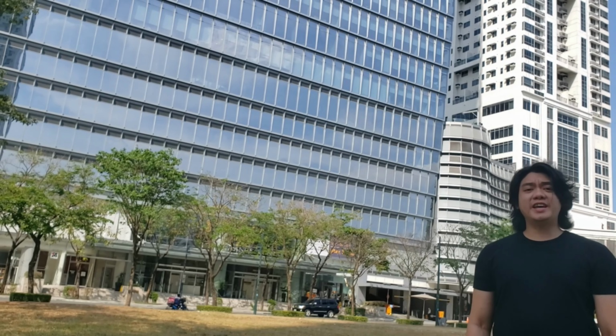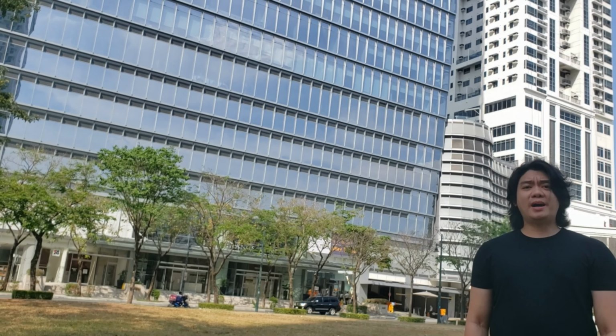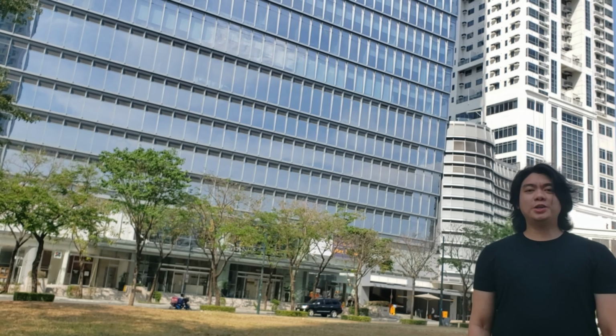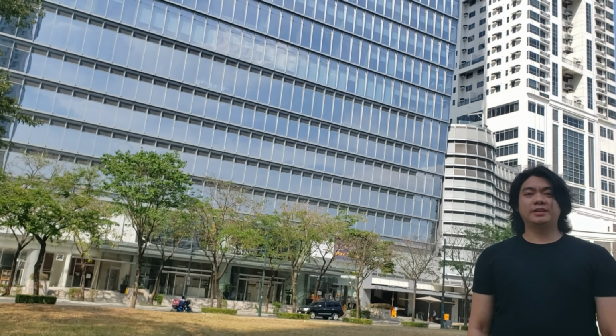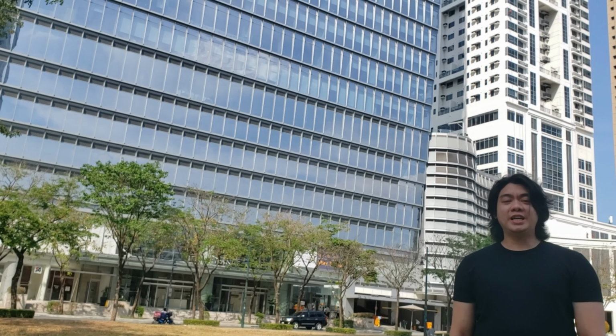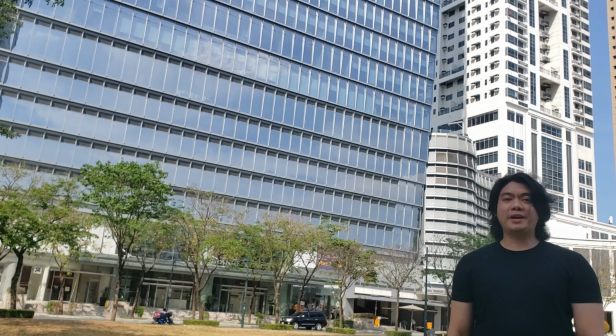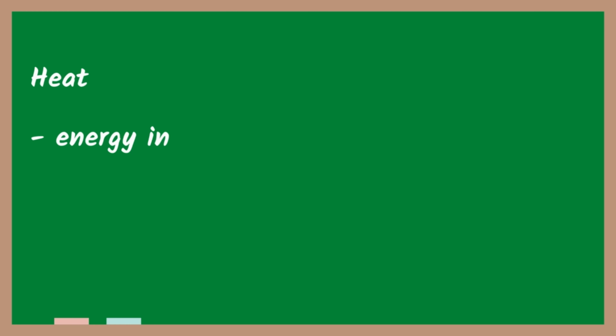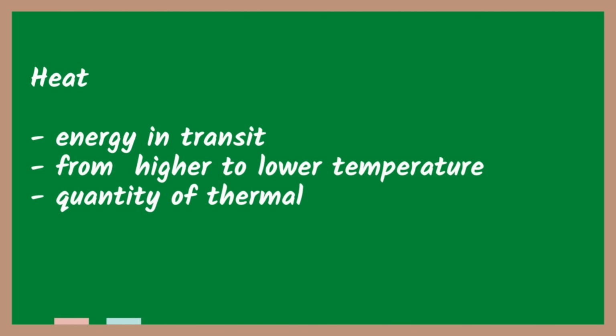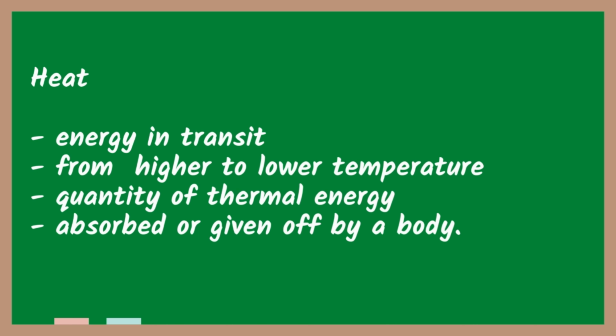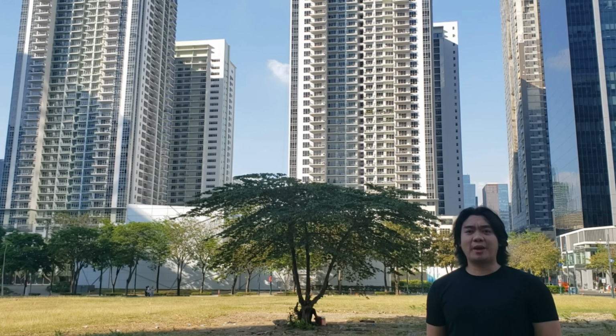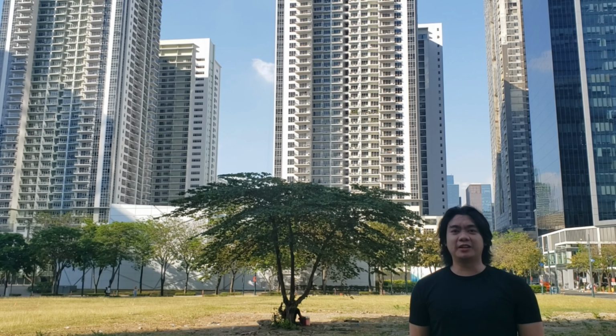Heat, on the other hand, is the energy that is transferred from a body of higher temperature to another body of lower temperature. It is the amount of thermal energy that is absorbed or given off by a body. How is the concept of temperature and heat related to one another?